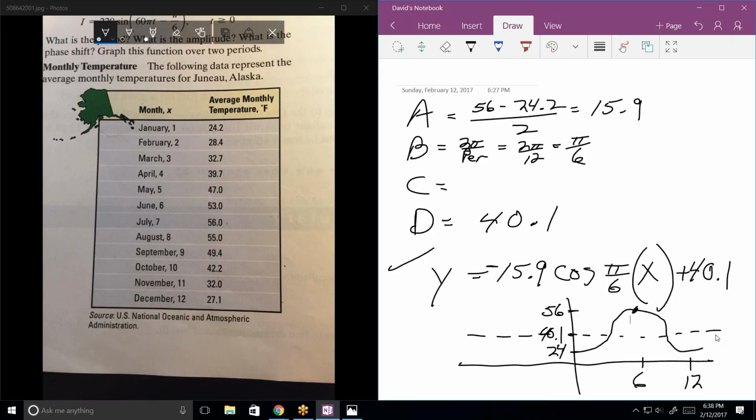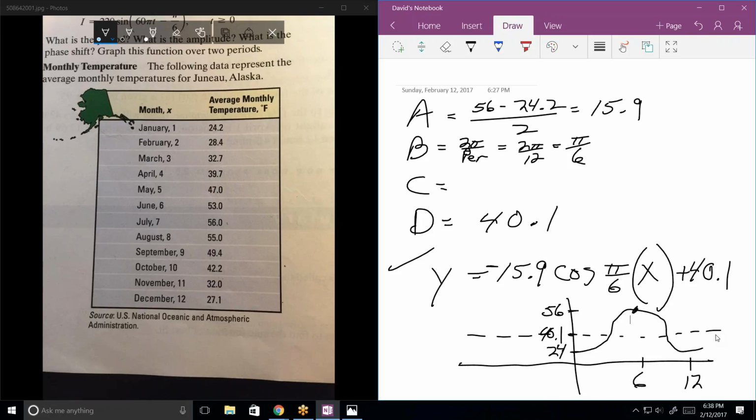All right. So anyway, that's the way you're going to handle any problem that is a word problem regarding periodic behavior. And temperatures do that.